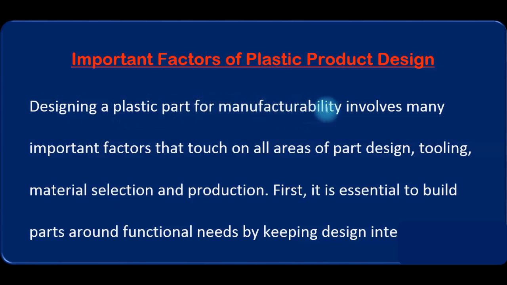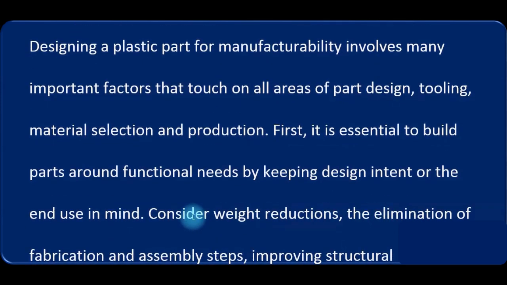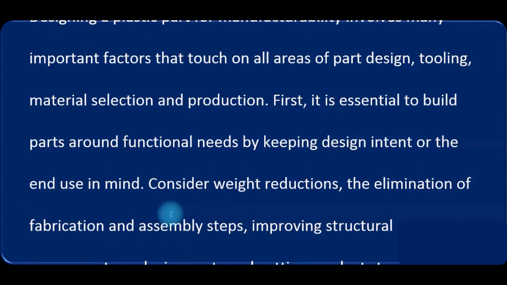Designing a plastic part for manufacturability involves many important factors that touch on all areas of part design, tooling, material, and production. First, it is essential to build the part around a functional need by keeping the design intent or end use in mind.